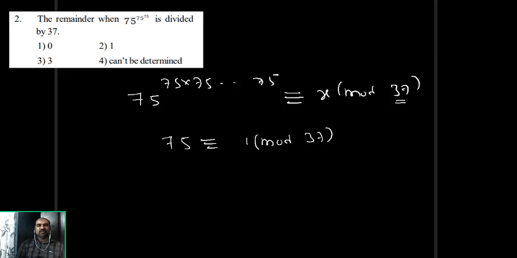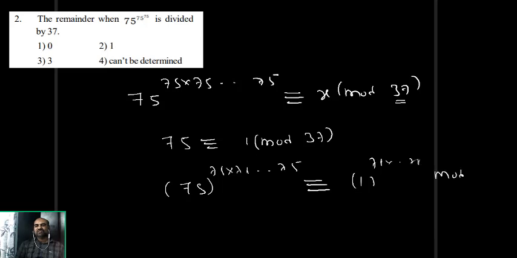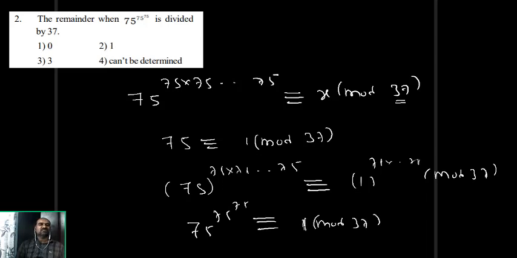Now I want to raise the power: 75 into so on 75 is congruent to 1 power 75 into 75 modulo 37. What is the meaning of that? 75 power 75 is congruent to 1 modulo 37. It means that 1 is the remainder when this number is divided by 37. I can say that 1 is the answer.